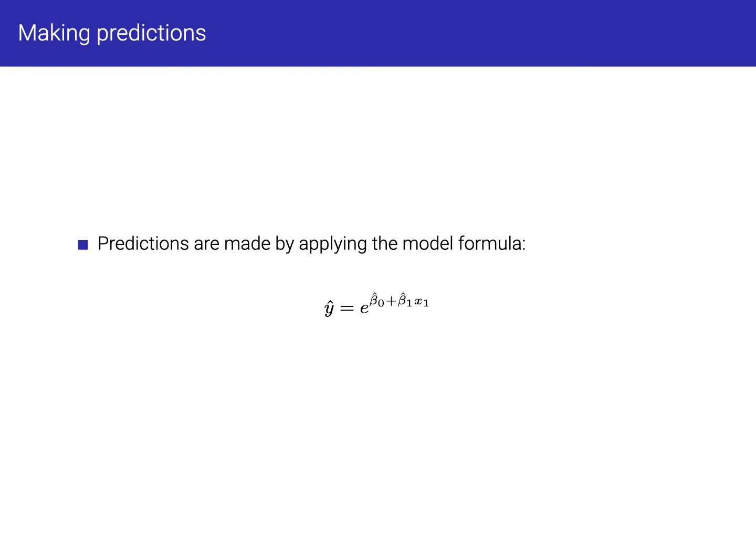So in order to make a prediction, we are just going to plug in values here. So it is really very similar to what we have in linear models, with, of course, that inverse link, which is the exponential that we see. But that's really all there is that's new here.